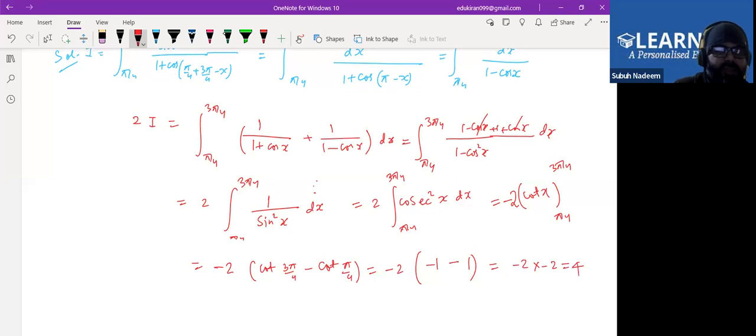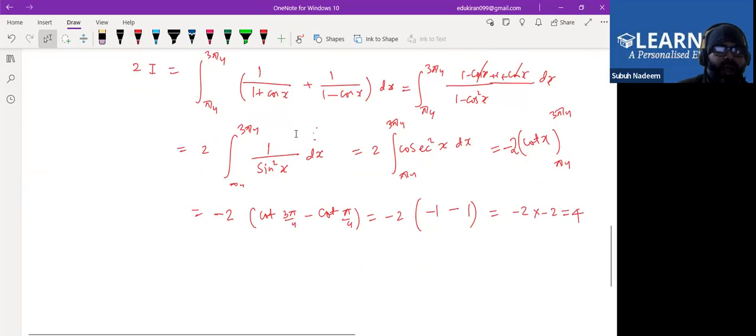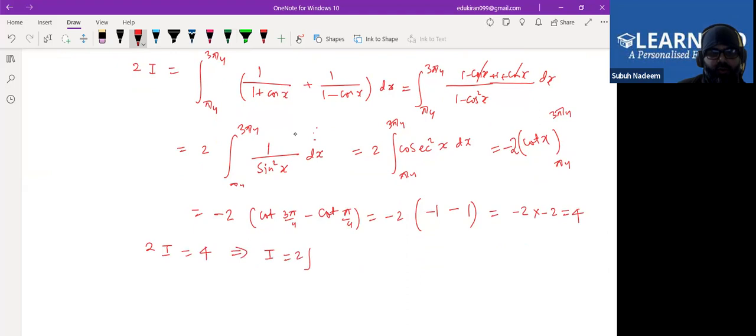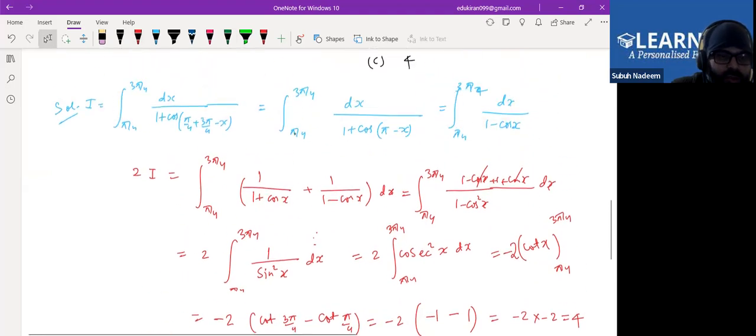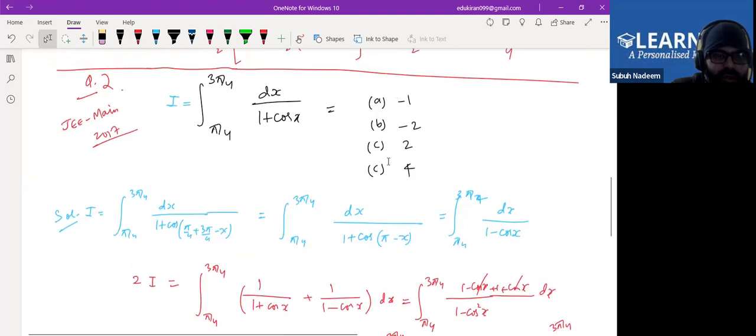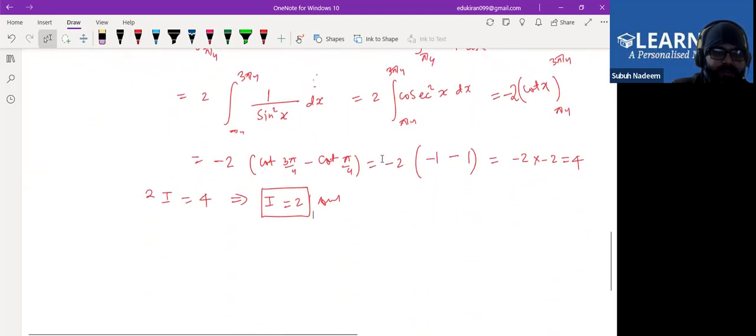So 2I is equal to 4, so I will be equal to 2. This will be your answer, so it is option C.